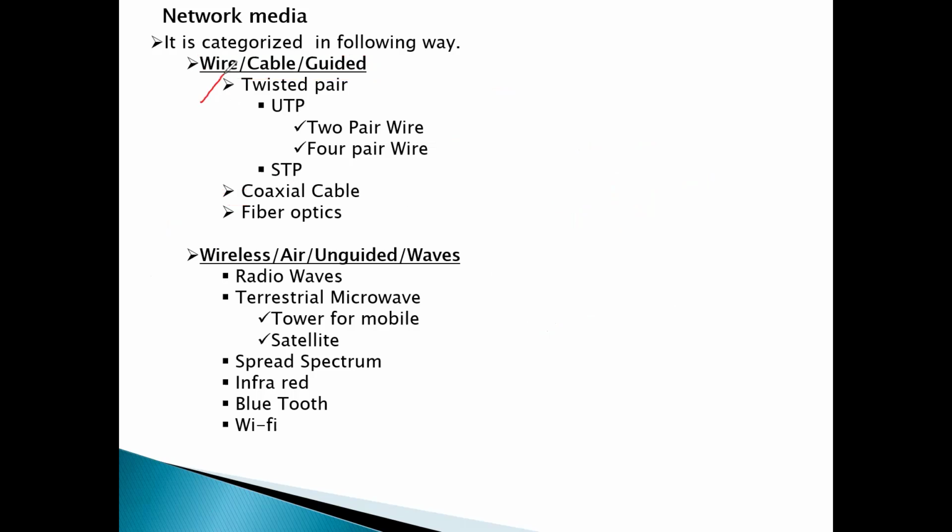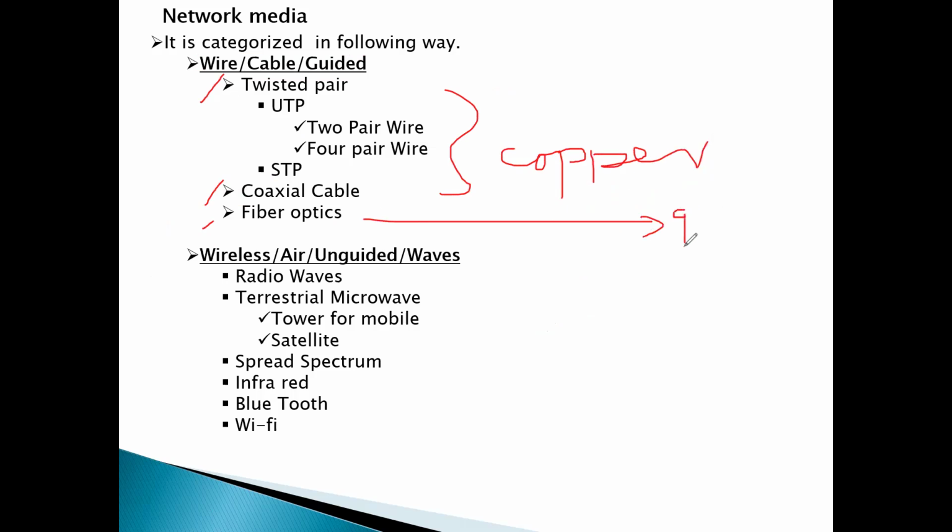The first one is twisted pair, second is coaxial, third is fiber. These two, twisted pair and coaxial, are copper. They use copper material. Fiber optic means glass; they use glass or plastic in terms of material.